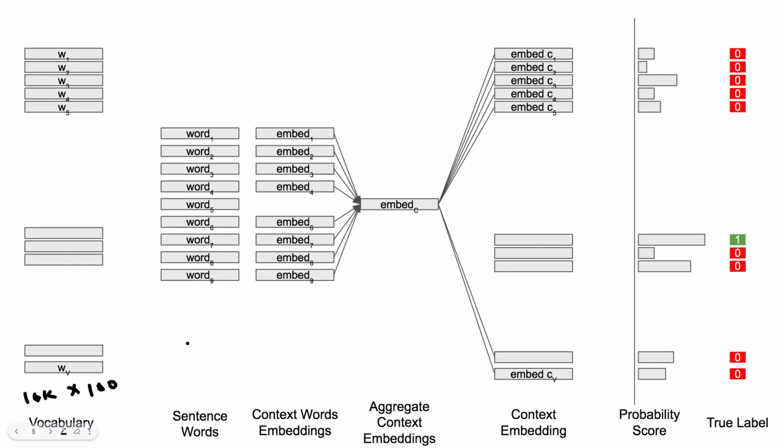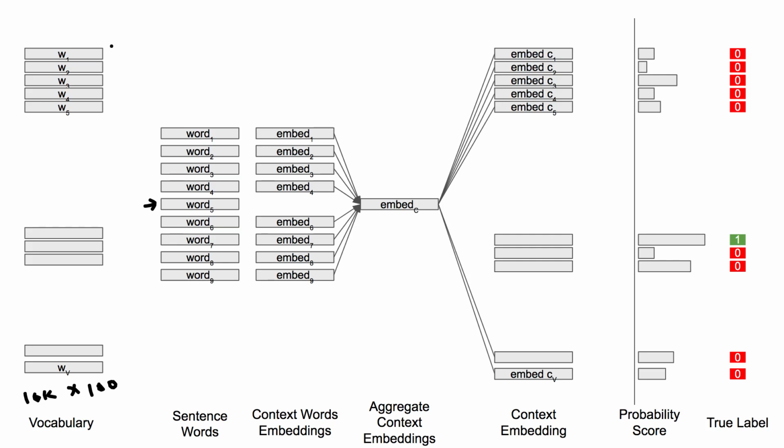The next is the sentence words. So this is one sliding window where your target word is word 5, and the remaining words, word 1 to word 4, word 6 to word 9, sorry, these are the context words. Now when you come to this column here, context word embedding, they are the vector representation for the corresponding words from the vocabulary.